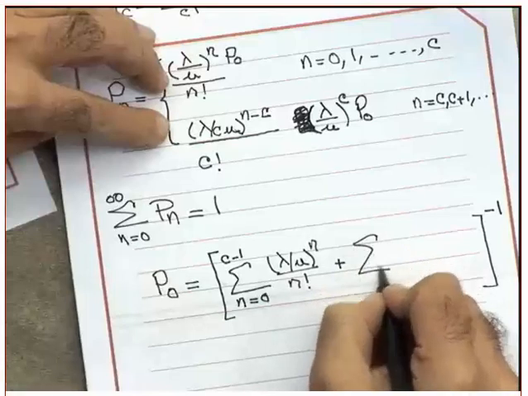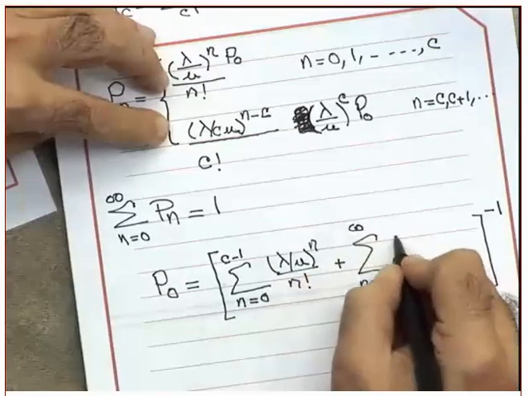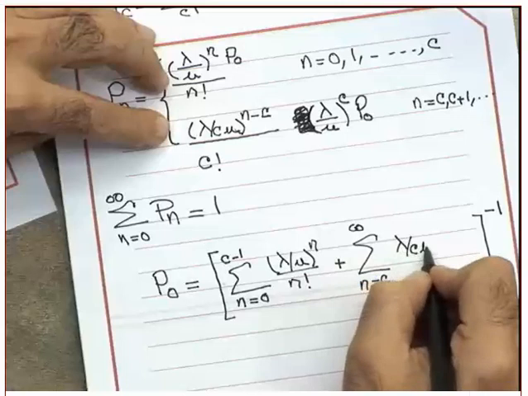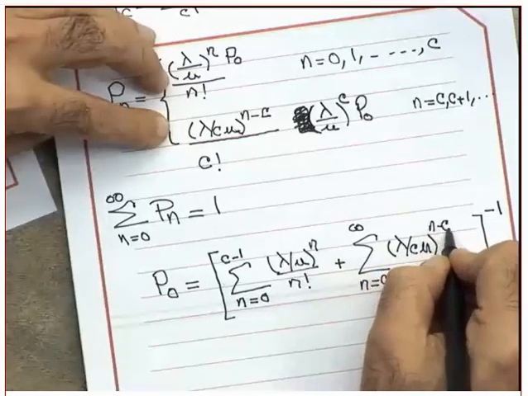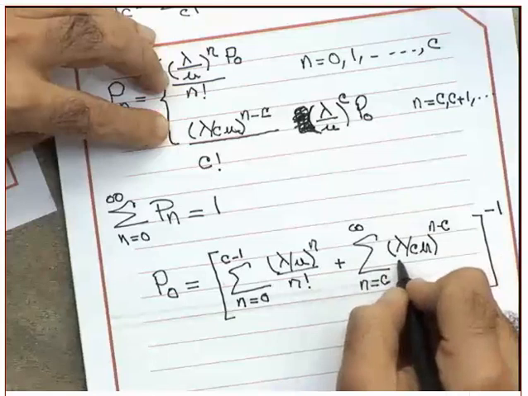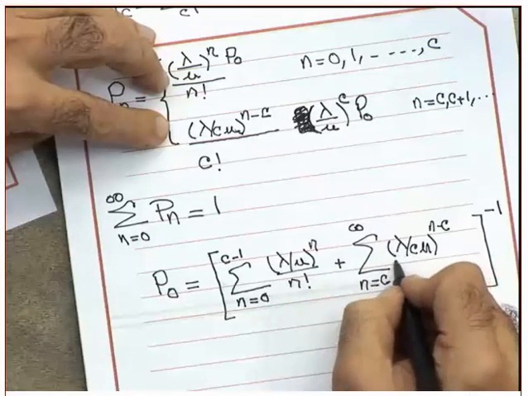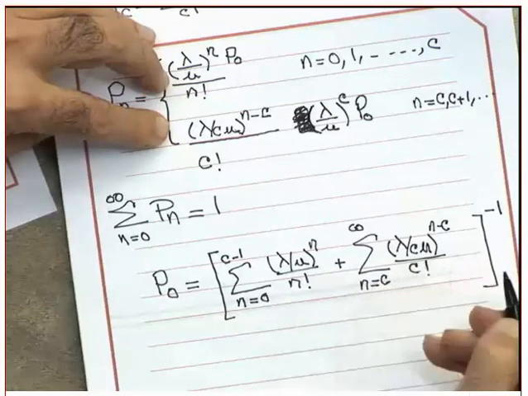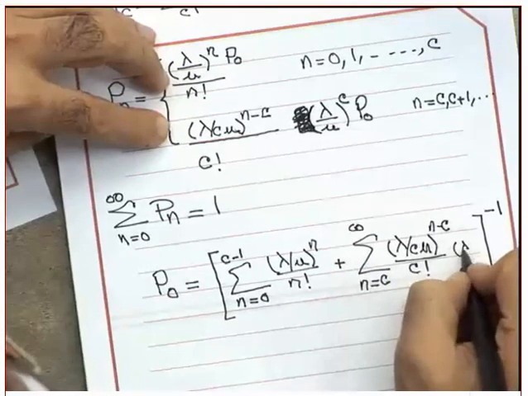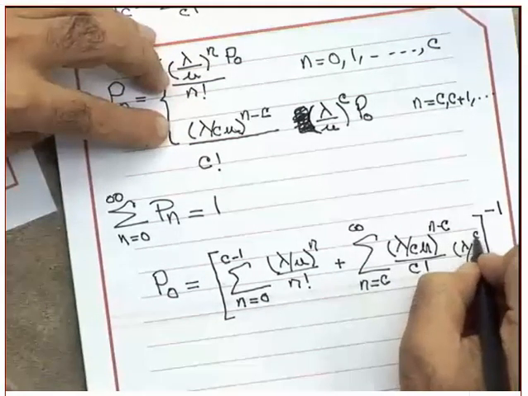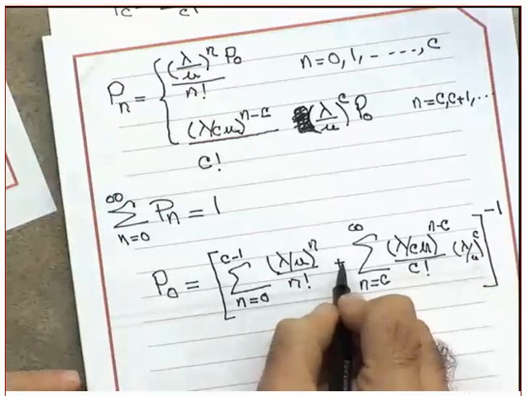Summation n equal to C to infinity of lambda over C mu to the n minus C, divided by C factorial, times lambda over mu to the C. You agree? Okay.